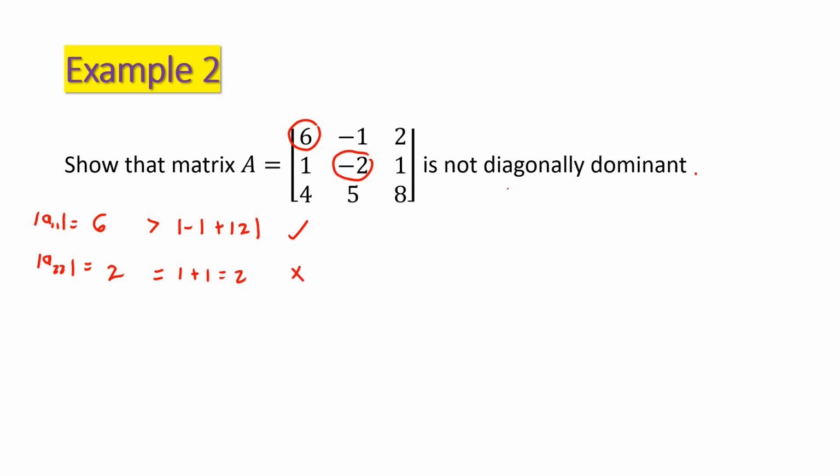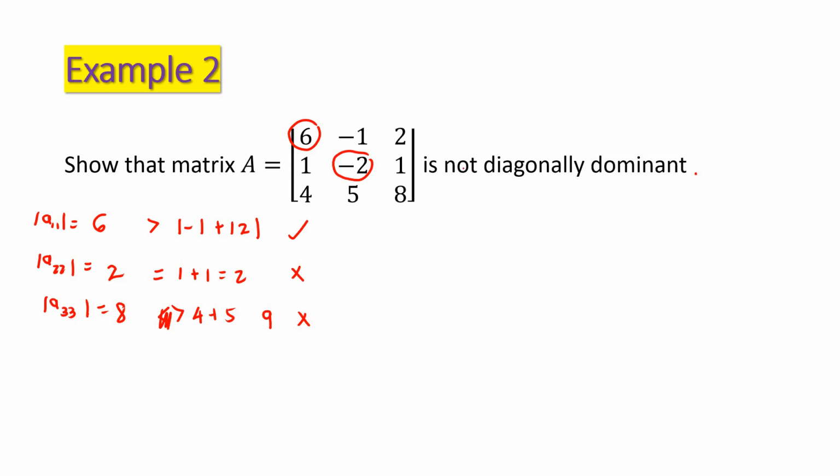To show it's diagonally dominant, make sure magnitude A22 is greater than magnitude A21 plus A23. Again, magnitude A33 is 8, and this is less than 4 plus 5. 8 is not greater than 9, of course.